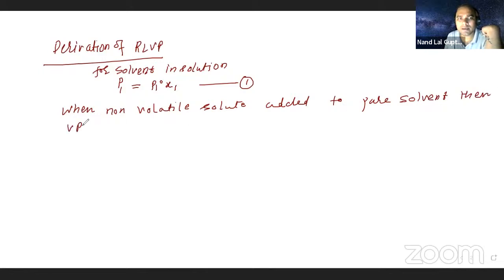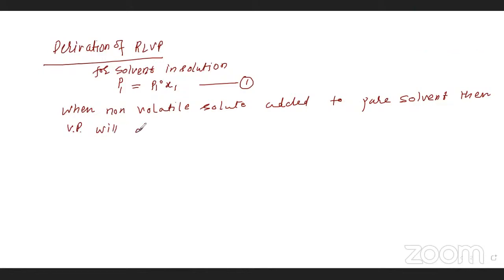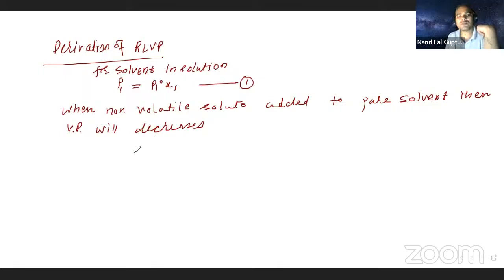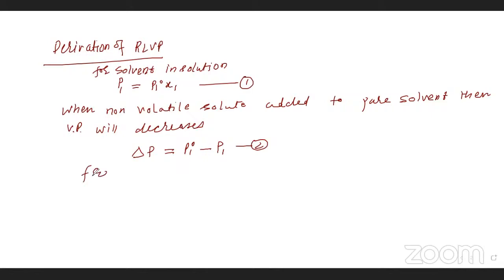It decreases. So what can we write? Delta P, that is the change, is equal to P1 naught minus P1. Is it okay? Yes. From 1 and 2.